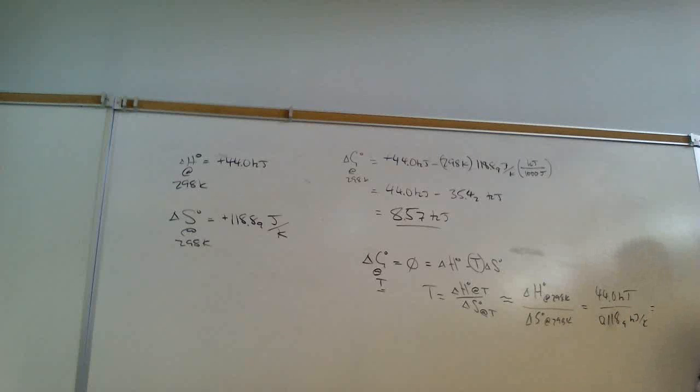And so when we calculate the temperature, it's 44 divided by 0.1189. We get a temperature of, what is it? 370. 370 Kelvin. It's supposed to be 373, but it's close. I thought you said don't do that if there's a change of state.